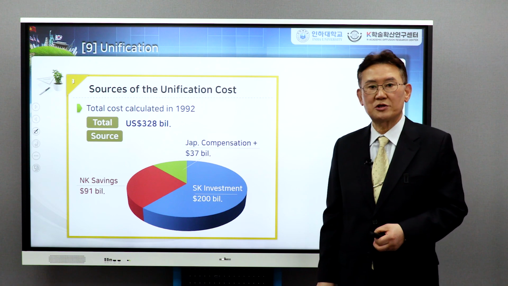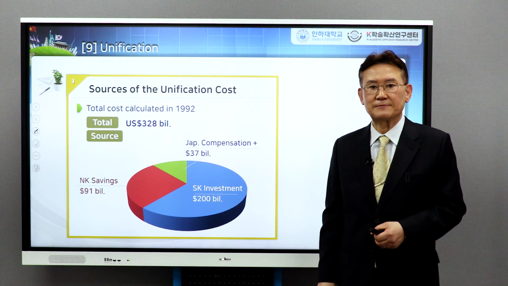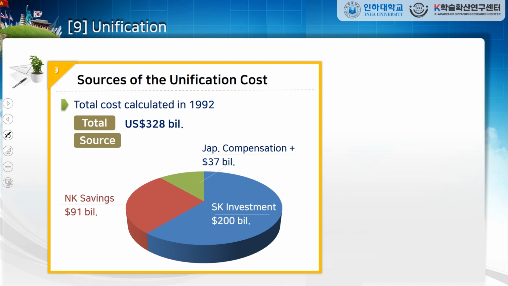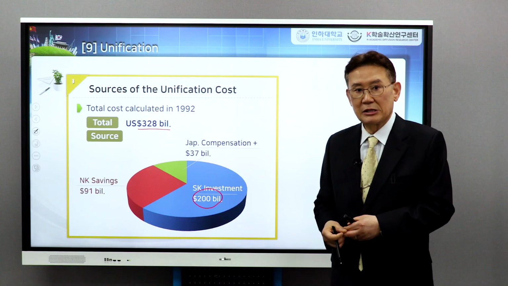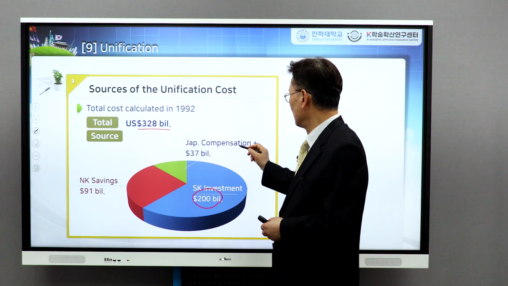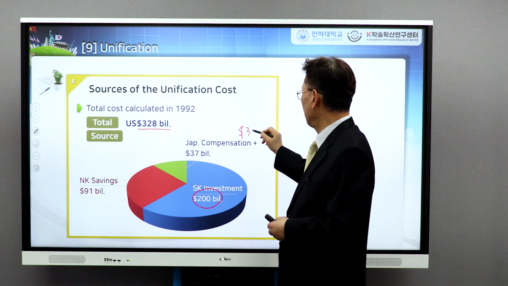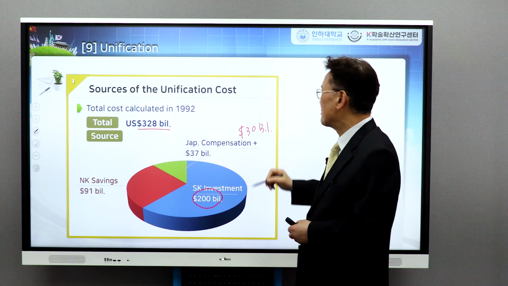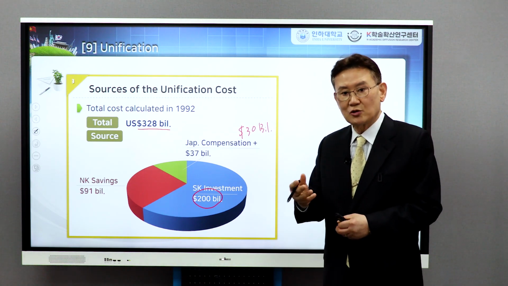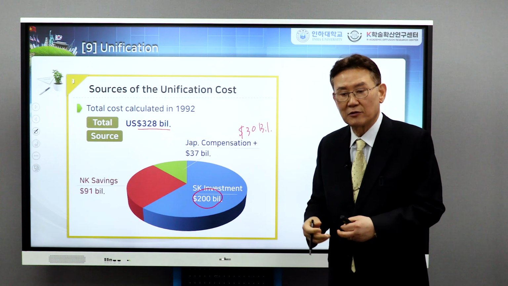Let us look at the sources of the unification cost in detail. Total, as I said, $320 billion. Out of the total, $200 billion would come from South Korean investment, either government or people. And experts thought that was possible. Japanese compensation would be about $30 billion because of the Japanese colonization of North Korea for 35 years.